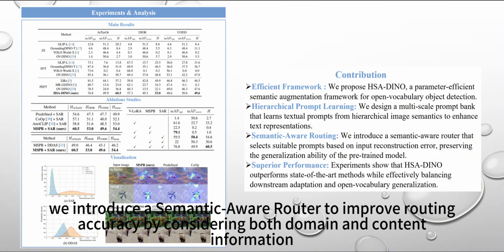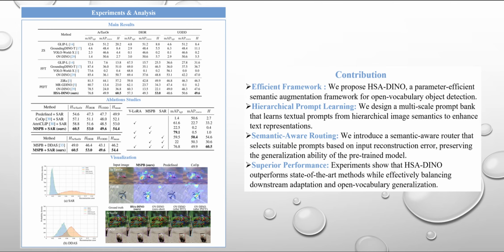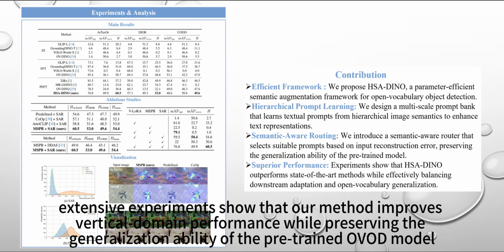Third, we introduce a semantic-aware router to improve routing accuracy by considering both domain and content information. Finally, extensive experiments show that our method improves vertical domain performance while preserving the generalization ability of the pre-trained OVOD model.